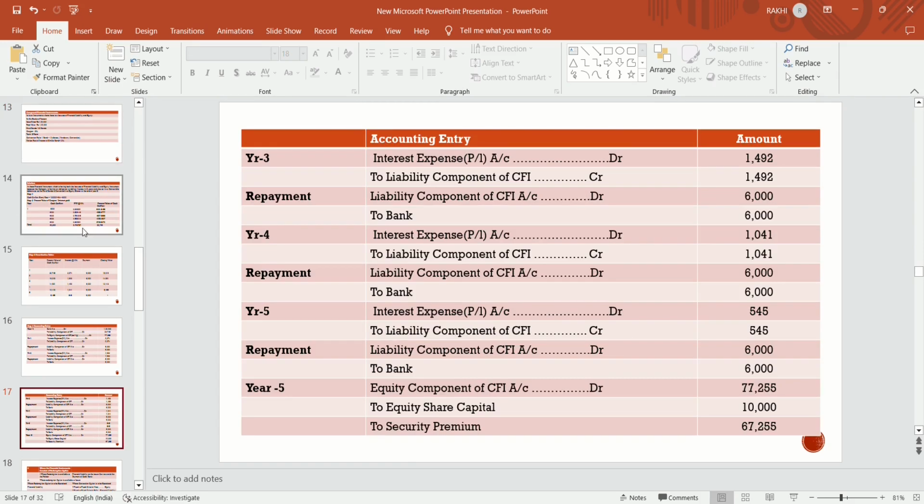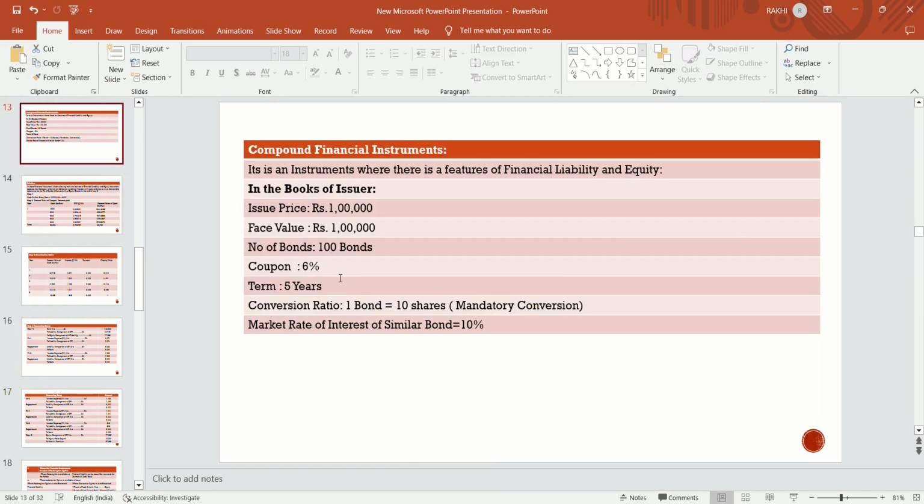10 rupees. If you redeem, the number of bonds is 100. For one bond 10 shares, so for 100 bonds, how many shares? It becomes 1000 shares, and the face value becomes 10, so 1000 into 10 becomes 10,000.